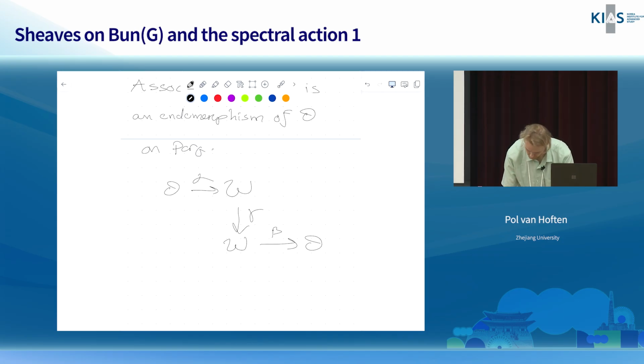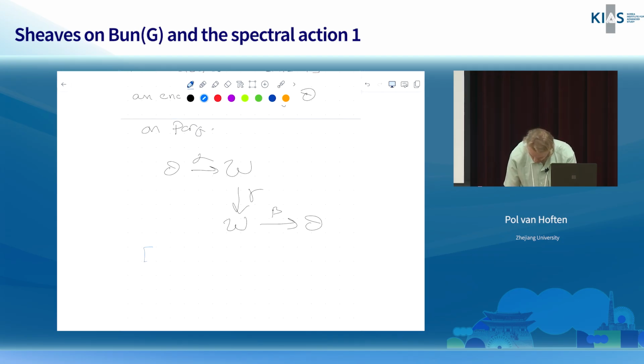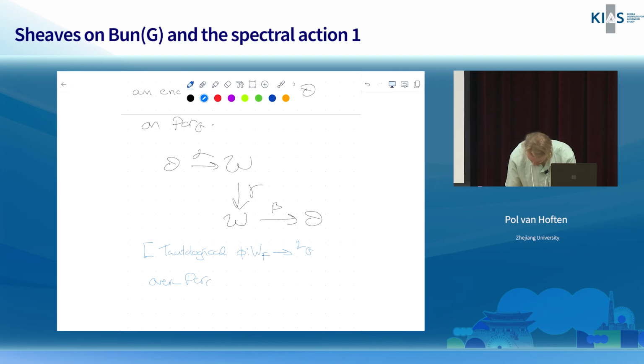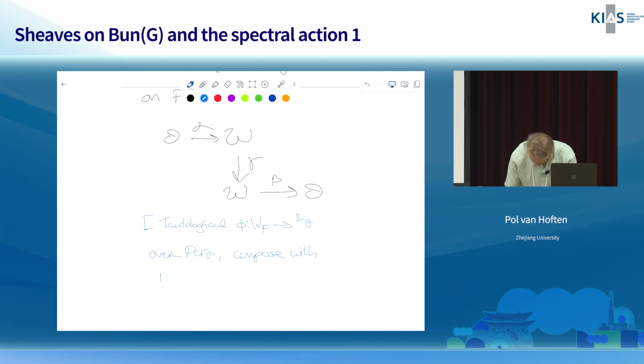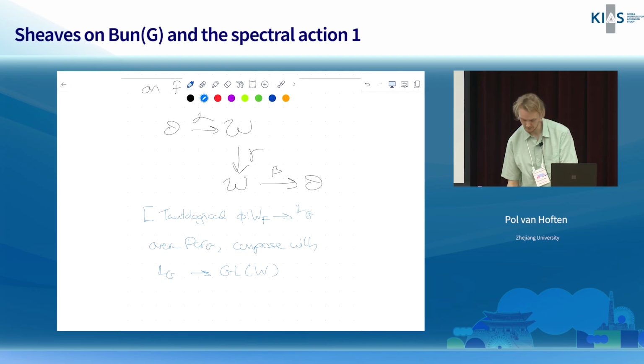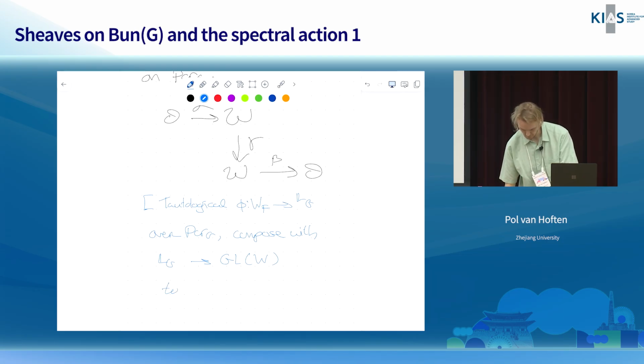Basically there's a tautological phi from W_F to the L group of G over Par G, and I compose with the L group to GL(W) to let W_F act on W.